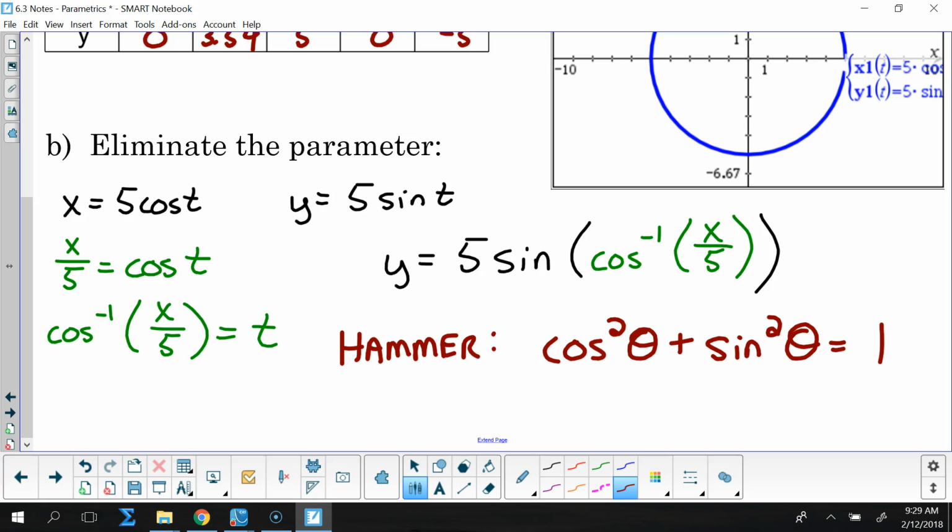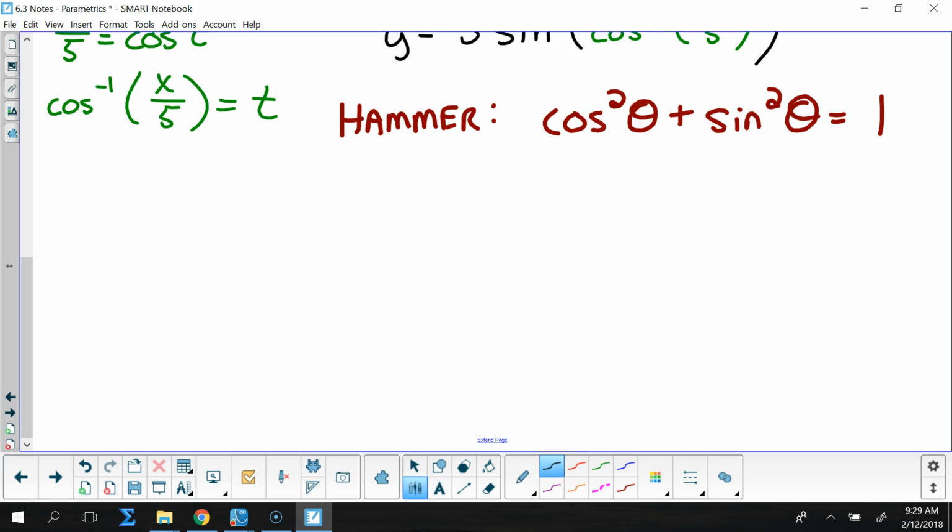So instead of solving for t in these equations, what I'm actually going to do here is say x equals 5 cosine of t. Instead of solving for t, I'm going to solve for cosine of t.